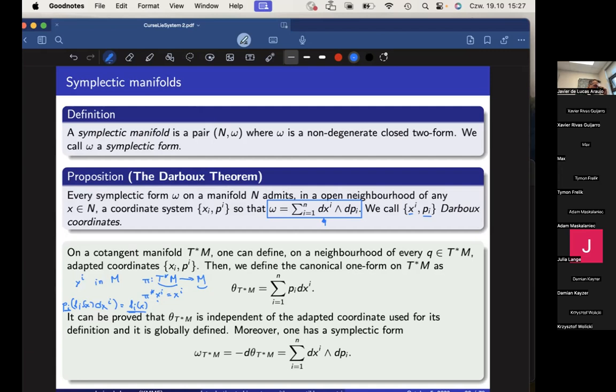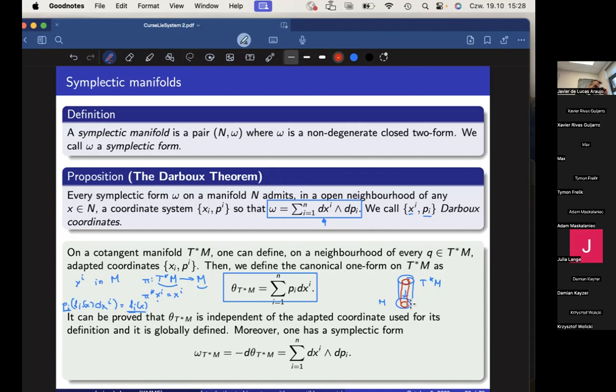So the thing is, when you have these coordinates locally, you can define this differential form. But you see, you can only do it locally. I mean, you have a certain manifold M, you have a certain T star M that projects into M. So locally, you always pick up certain coordinates in here, and you lift them to the cotangent bundle.